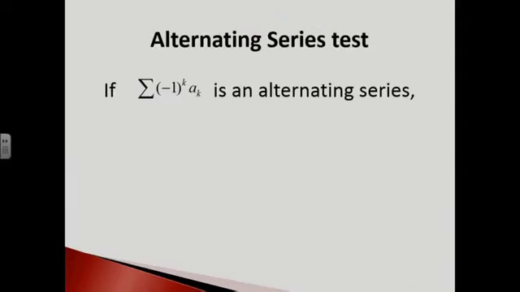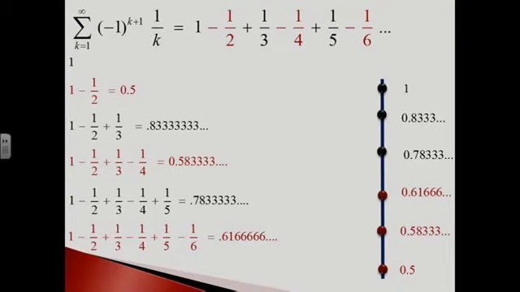The general term of this sequence is a_k equals (-1)^(k+1) multiplied by 1 divided by k, which tends to 0 as k tends to infinity.